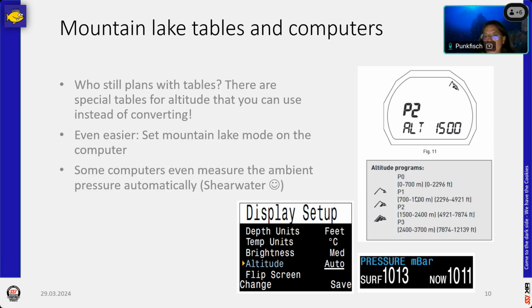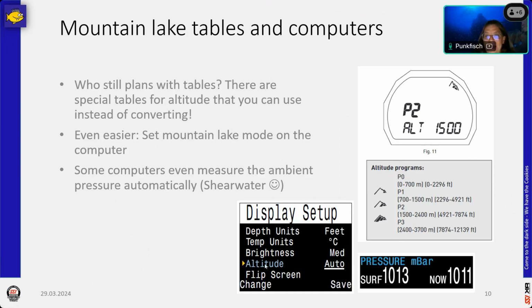As long as you're in the P1, P2 level, you can just change your computer setting and you will be fine. Some computers, like Shearwater, which for some reason I kind of love, do this automatically, because Shearwater really measures the ambient pressure, and when you go higher up a mountain, the computer knows at which pressure you actually are when you start.